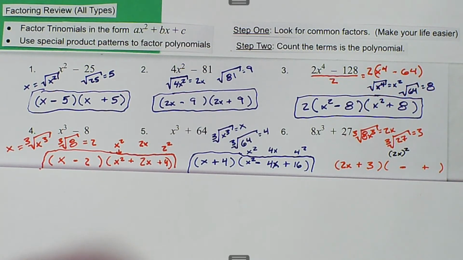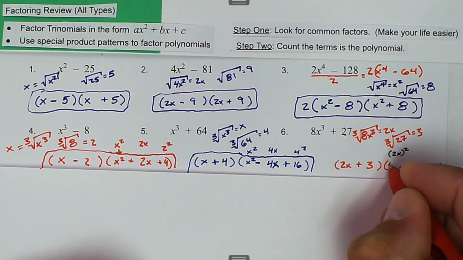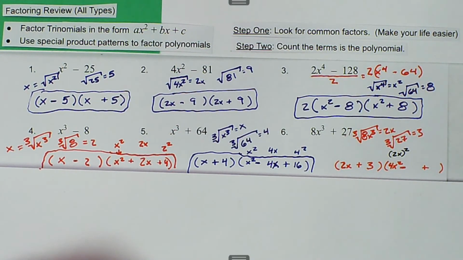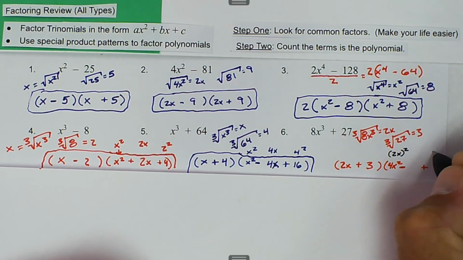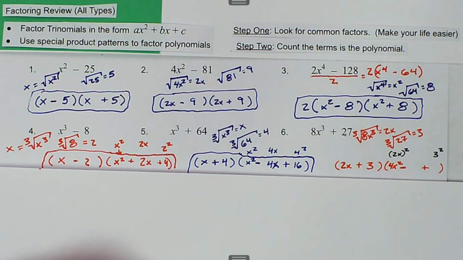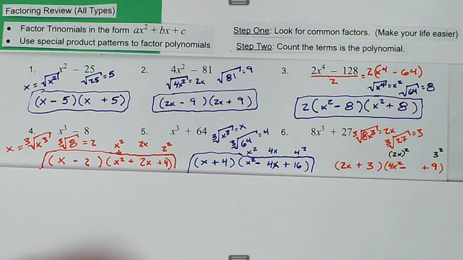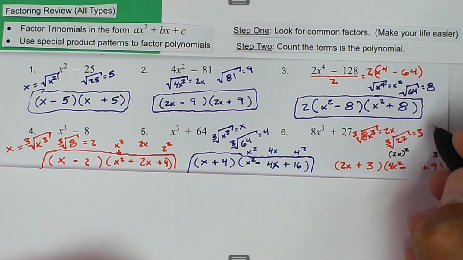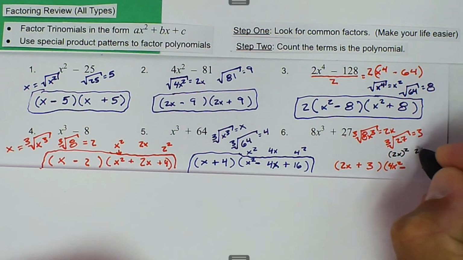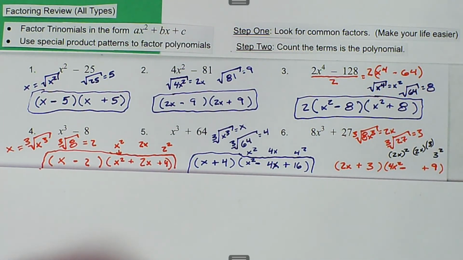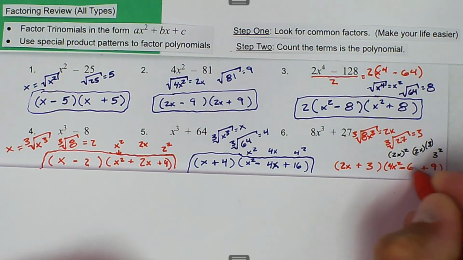So 2 times 2 is 4x squared. And then we have the last term squared, so 3 squared becomes 9. And then for our middle term, we take the first term, which is 2x, and we multiply it by the last, which is 3. So we get 2x times 3, which becomes 6x.